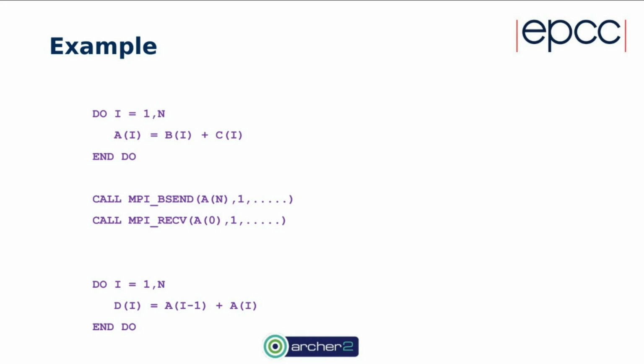It's probably the simplest thing you could possibly do: each process sends AN to its neighboring process and receives A0 from its other neighbor. And then it carries on and does some computation with the things that it's received.